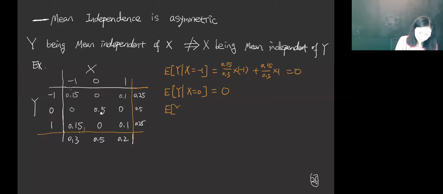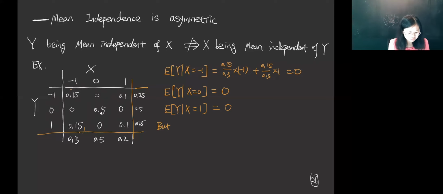And similarly, we can calculate that y given x equals 1 is also 0 because the third column also gives equal probability to -1 and 1 and 0 probability to 0. Therefore, y is mean independent of x. But x is not mean independent of y.